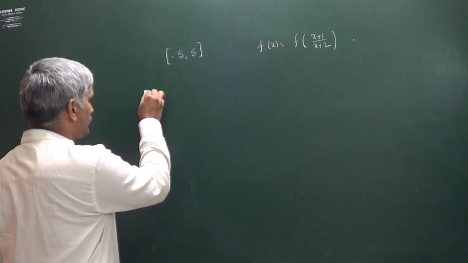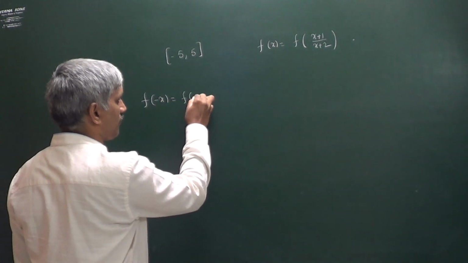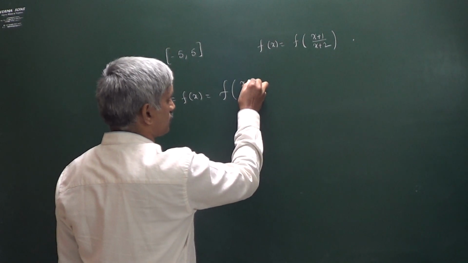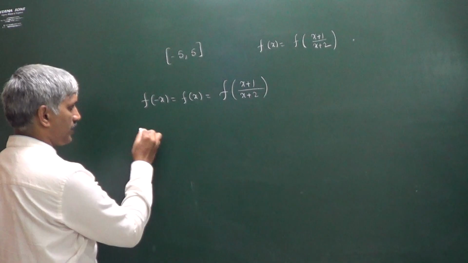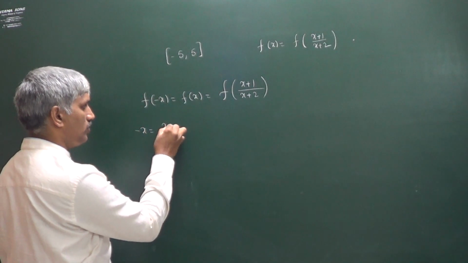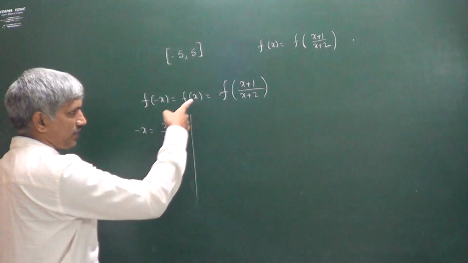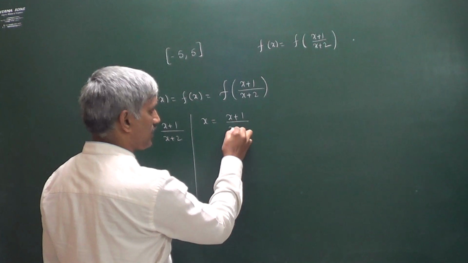Whenever f is an even function, we can say f of minus x is equal to f of x, that must be equal to f of x plus 1 divided by x plus 2. Now we can write minus x is equal to x plus 1 divided by x plus 2. Next we can write x is equal to x plus 1 divided by x plus 2.